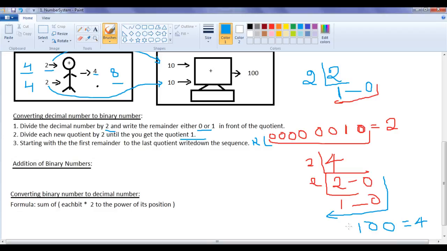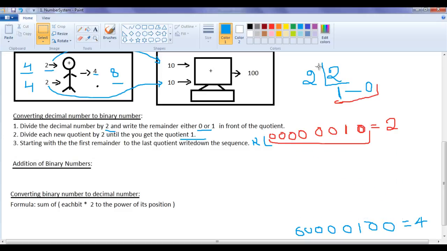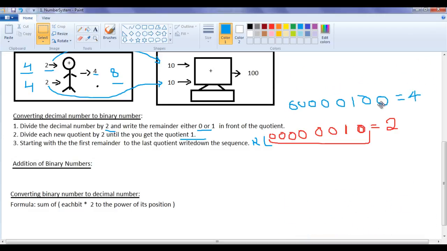If it is a 4-bit machine, we write 0 1 0 0. If it is an 8-bit machine, then we write 4 more zeros. So this indicates 4 with respect to 8-bit machine in a binary number system. Similarly, you can calculate for 8, any other number. I suggest you try yourself, how you convert decimal number to a binary number.